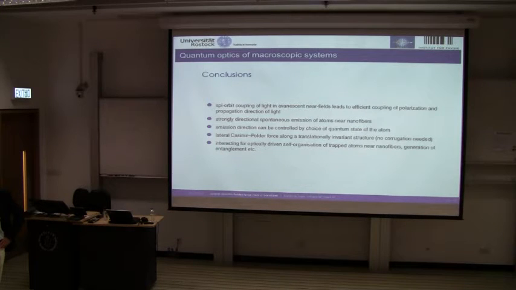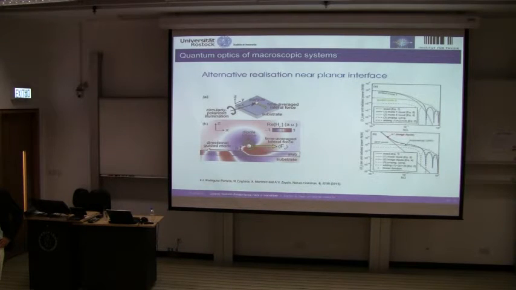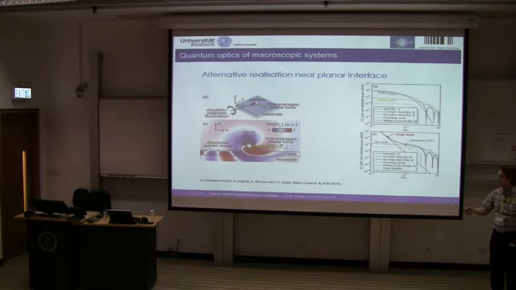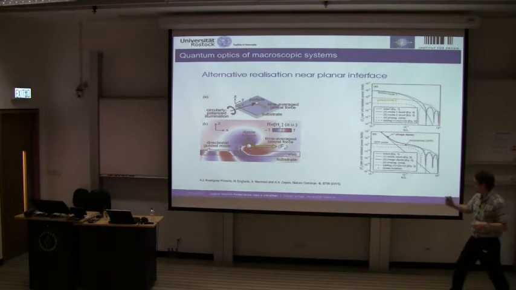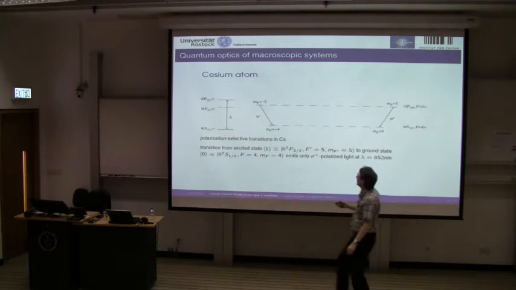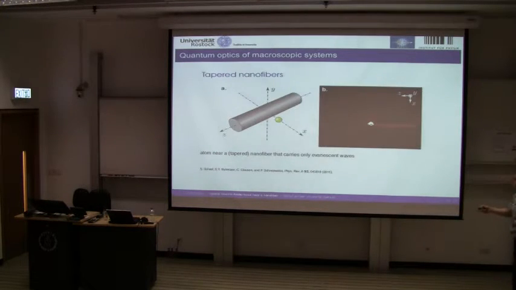But the interesting bit is, if you look at the geometry, the excitation is in a different direction than the atomic emission. So the excitation is basically along the y direction here, so it's perpendicular to the fiber, whereas the force, and of course the directional emission, is along this direction.